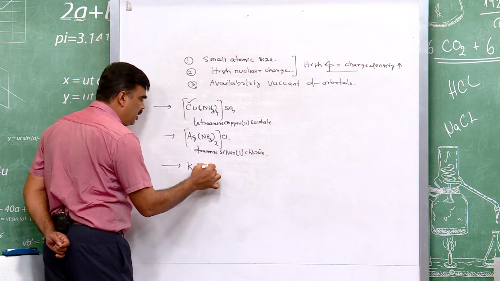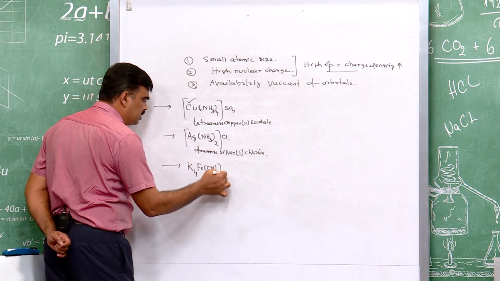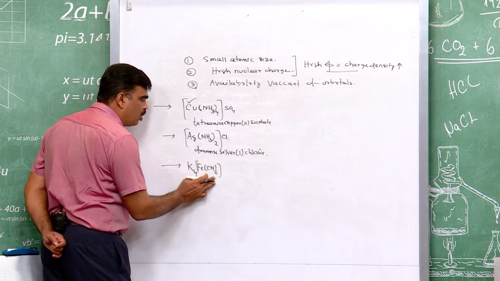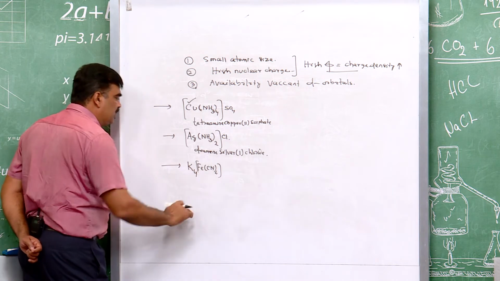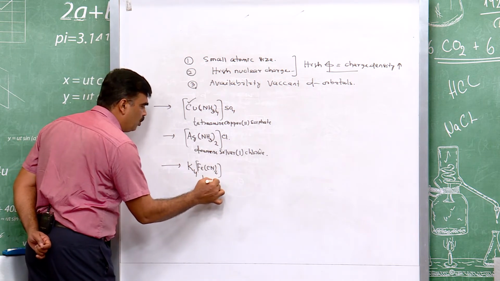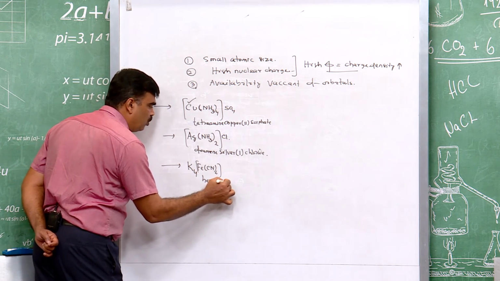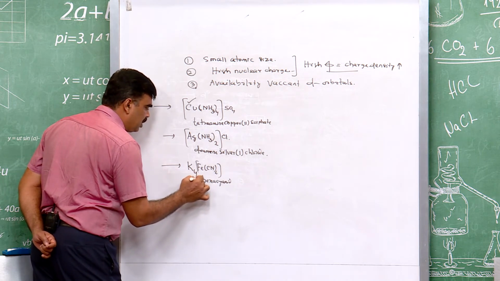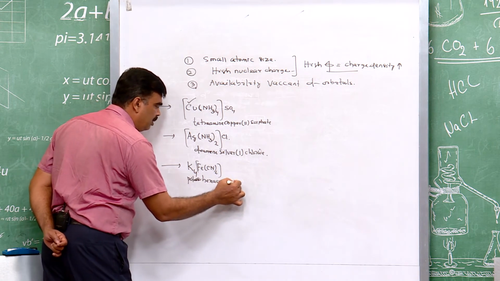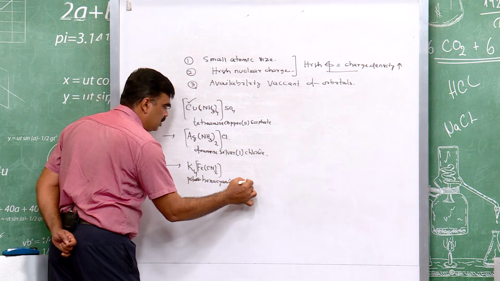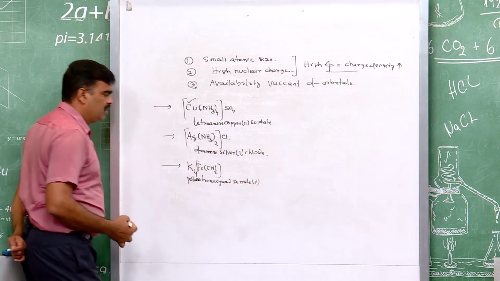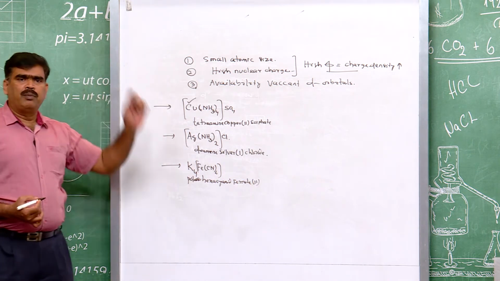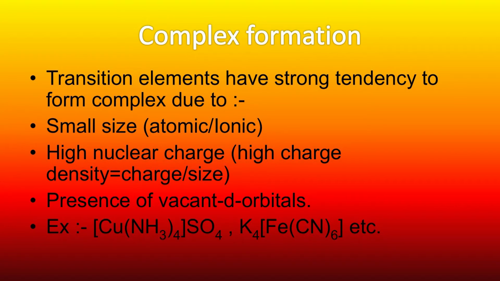K4[Fe(CN)6]. It is called potassium ferrocyanide, or in IUPAC name, potassium hexacyanidoferrate(II). These are so many complexes, you know, biological complex molecules like hemoglobin.